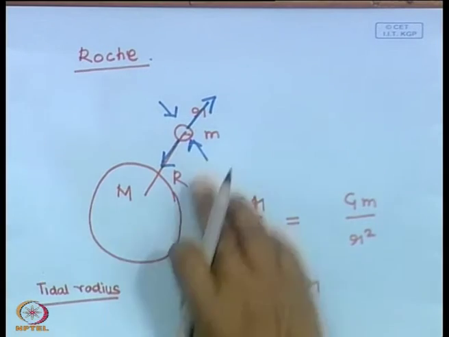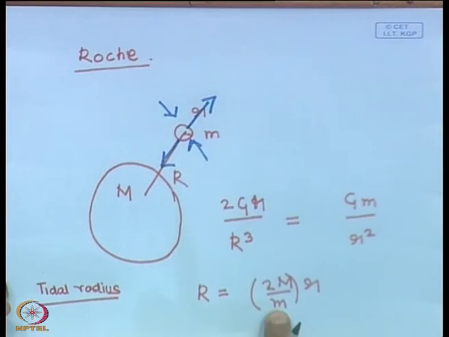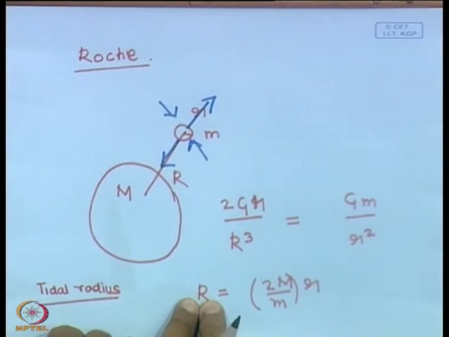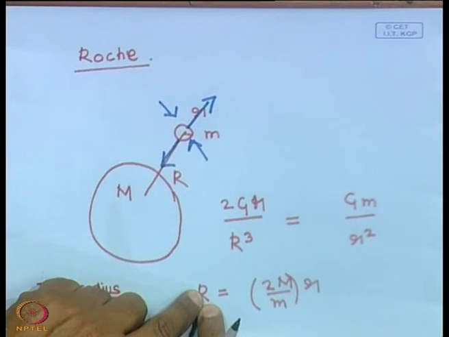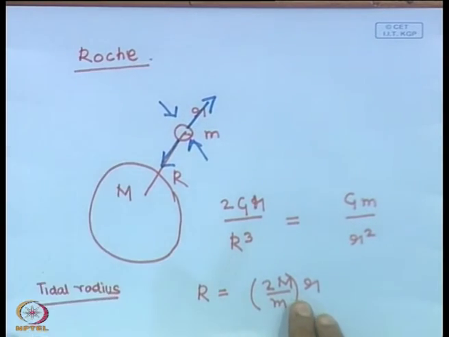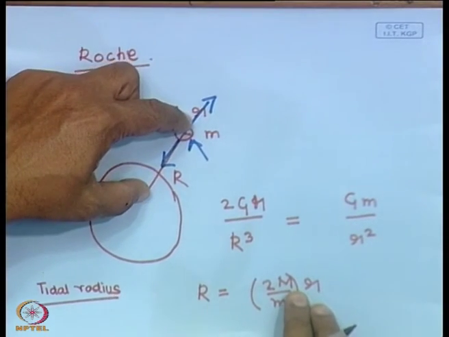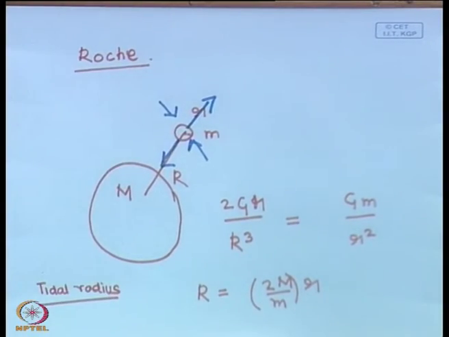So, for this object of mass small m and radius r, if I bring it closer than this distance, it will be disrupted by the tidal force. If it enters a distance smaller than this, it will be disrupted by the tidal force. And we know that these Jovian planets like Jupiter, Saturn, Uranus, they have rings.